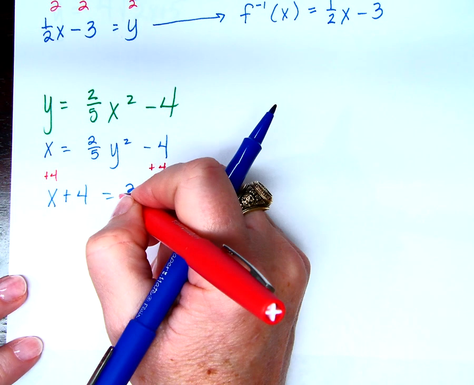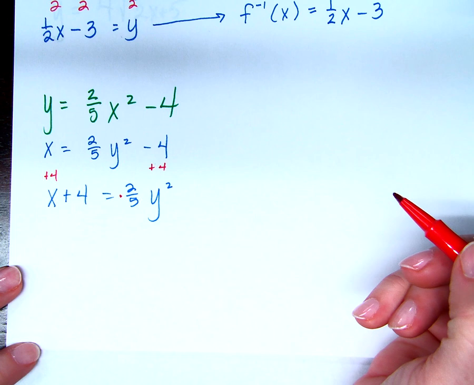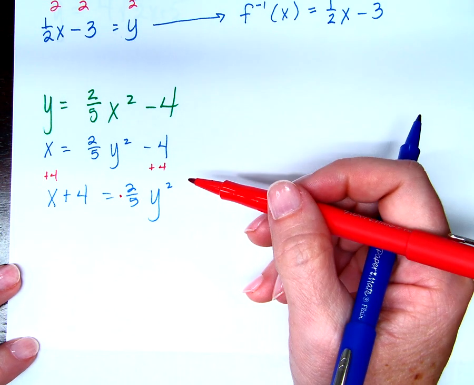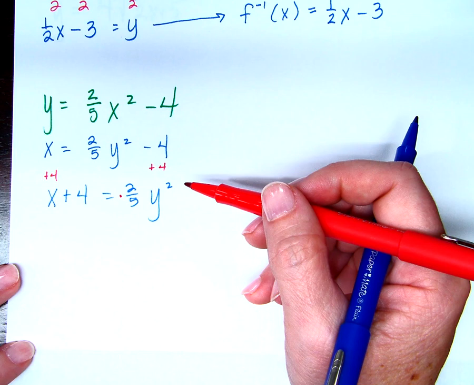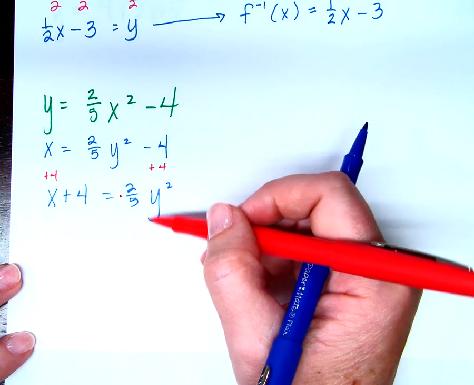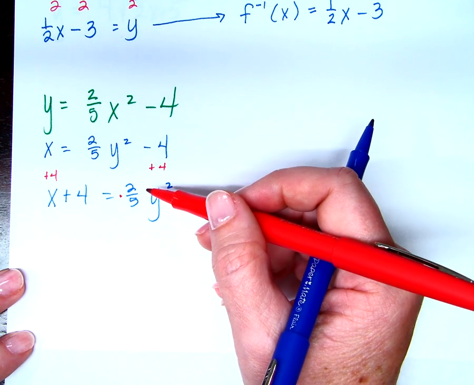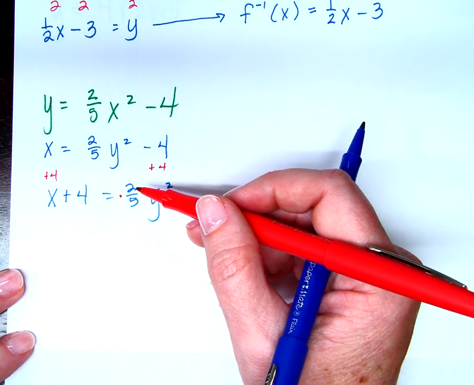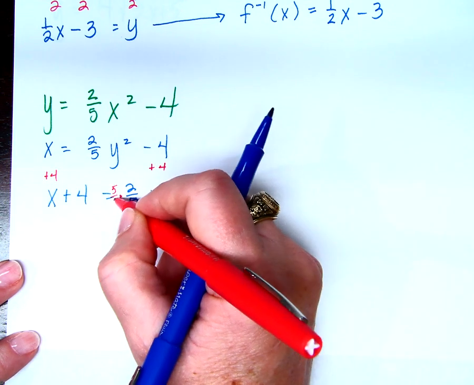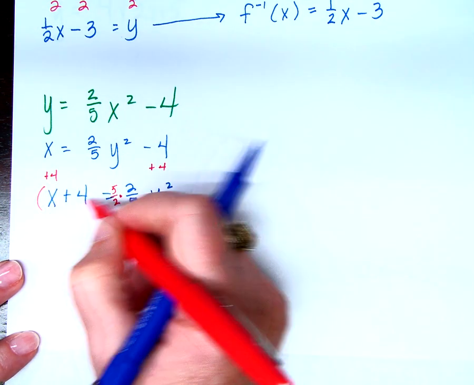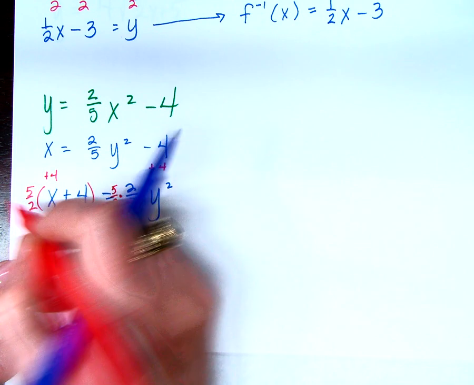Multiply by what? Do you remember what it's called? Close. If I'm going to divide by 2/5, that's the same thing as multiplying by 5/2, which is the reciprocal. Remember that? 5/2?